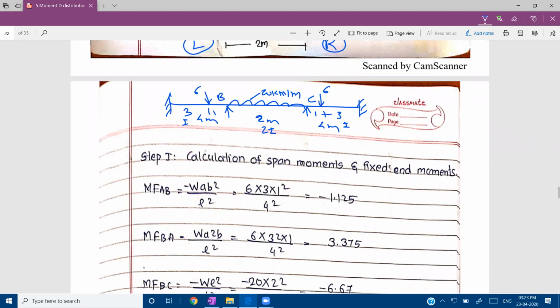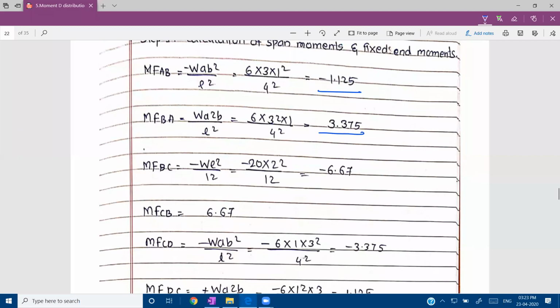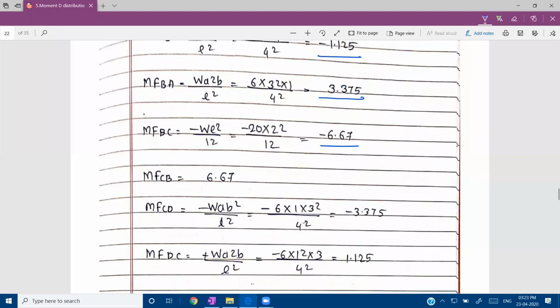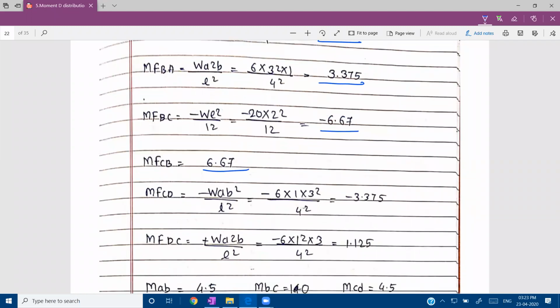So if you put all the respective values, MFAB is going to be minus 1.125, MFBA is going to be minus 3.375, and MFBC minus WL square by 12, minus 6.67, MFCB plus WL square by 12, so 6.67, then MFCD left support.